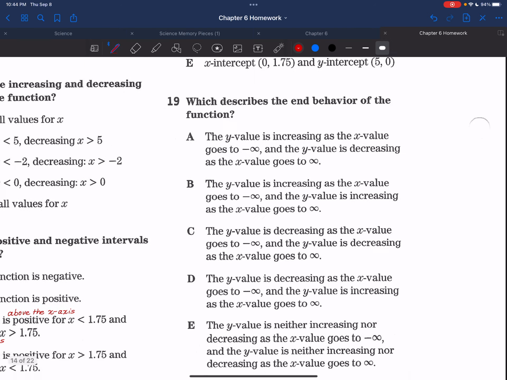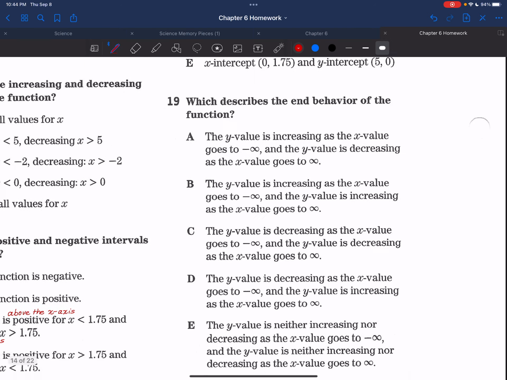And then up here, as y increases, x decreases. So we just need to find an answer choice that says that. Y increase, x decrease.